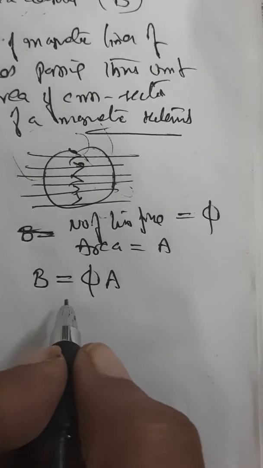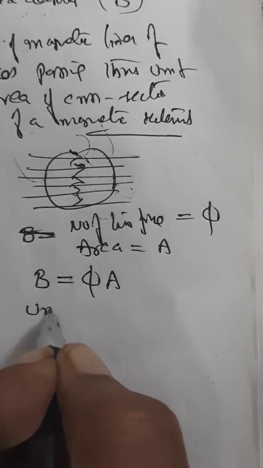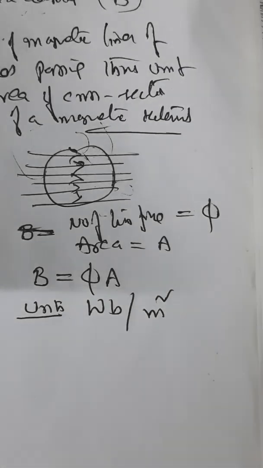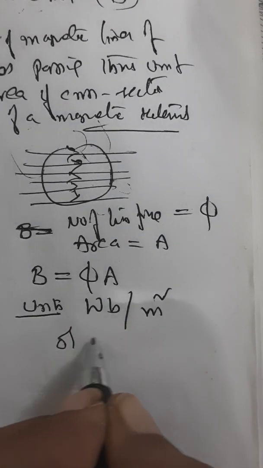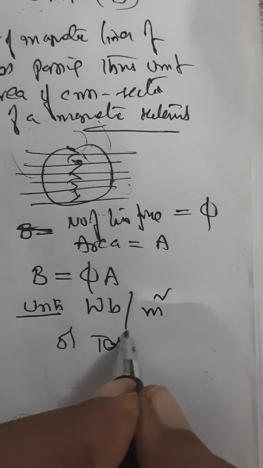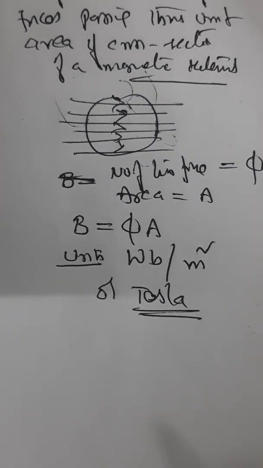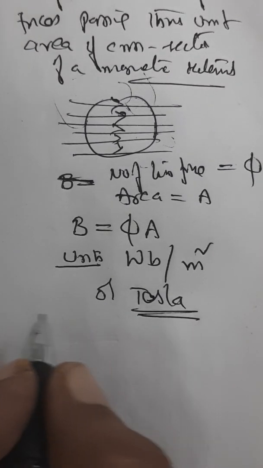It is expressed in Weber per meter square, or what you also call Tesla. This is the unit for magnetic flux density.